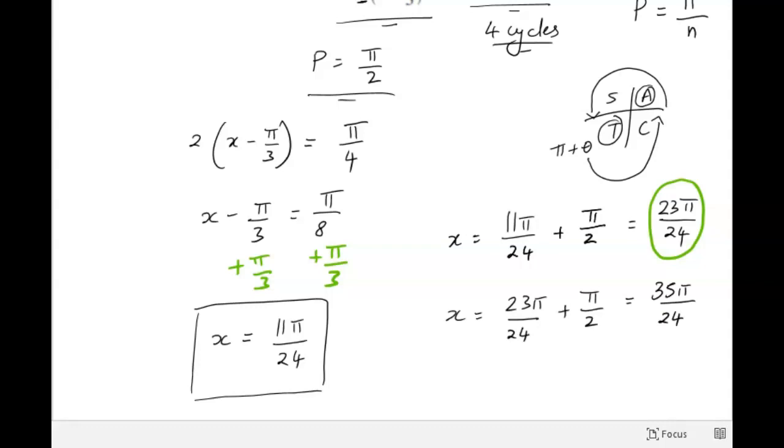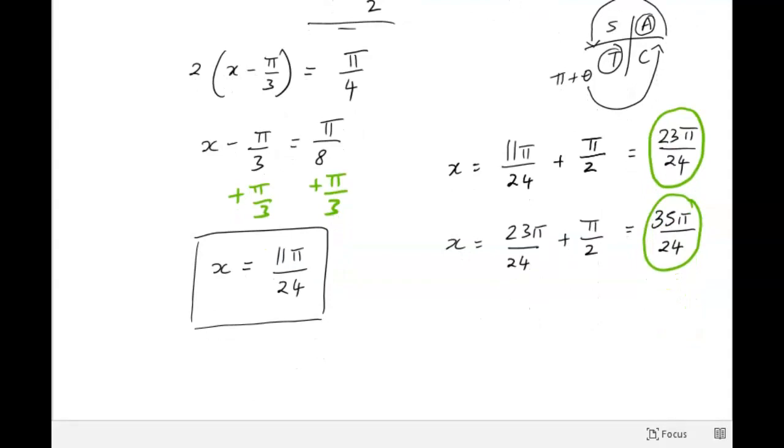That's my third solution. And we could possibly get a fourth solution by going x is equal to 35 pi on 24 plus pi on 2, which leads us into 47 pi on 24.